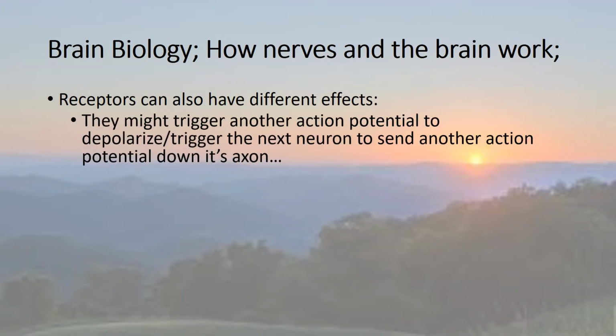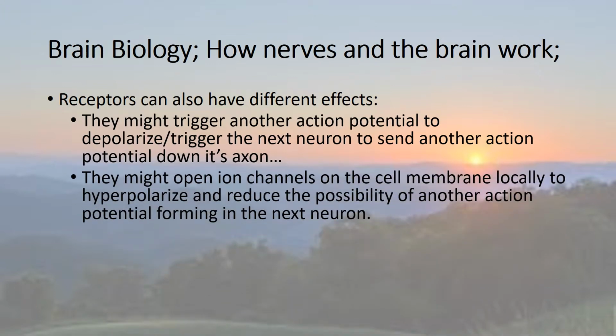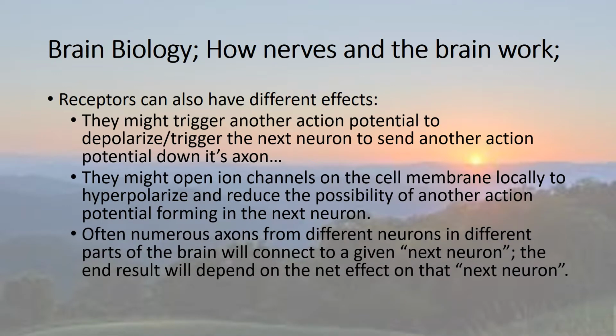Receptors can have different effects. They might trigger another action potential to depolarize the next neuron and send another action potential down its axon. They may open channels on the cell membrane locally and allow hyperpolarization, reducing the possibility of another action potential forming.